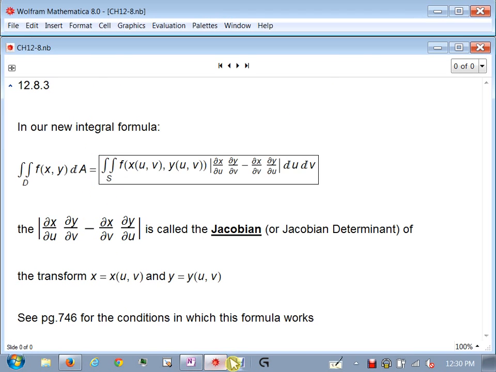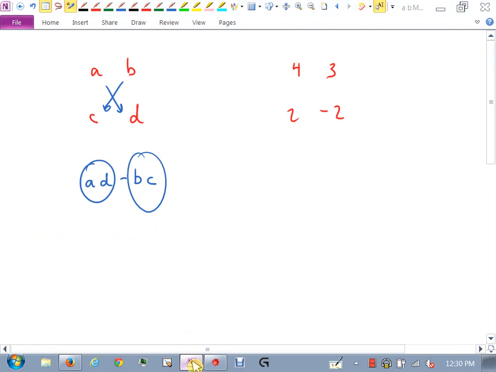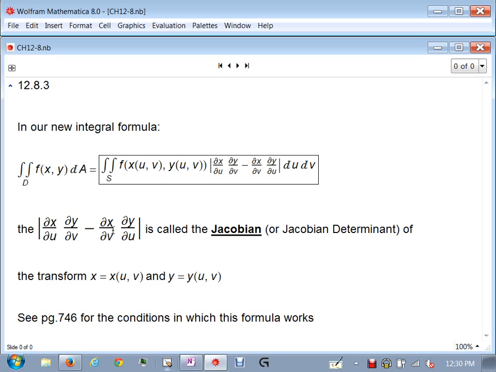AD is this part right here, and then minus the BC, which is this part right here. So you could actually create a matrix made out of this in the top left corner, and this in the top right corner, and then this in the bottom right, and this in the bottom left. Does that kind of make sense? And it's a determinant. I'm just trying to give you where the name comes from. Determinant is from the idea of the matrix, and then Jacobian is because Jacobi, the mathematician, was part of the invention of this whole thing and the logic behind it.